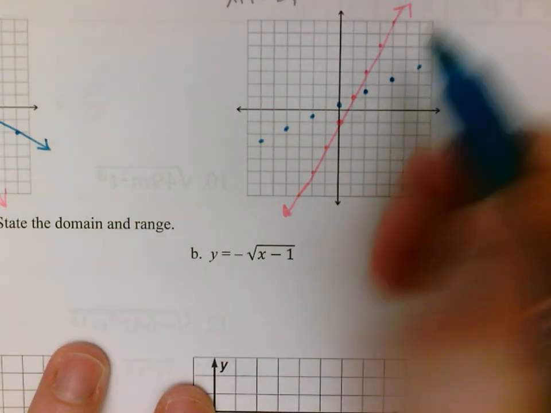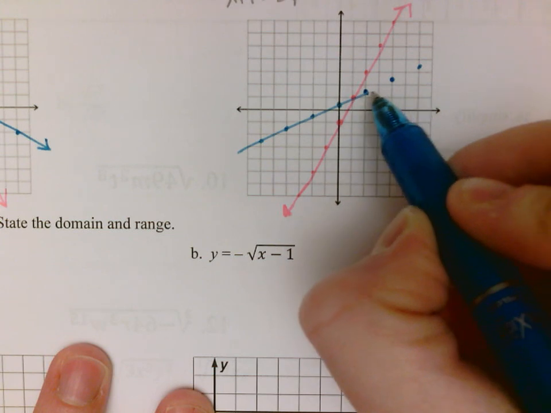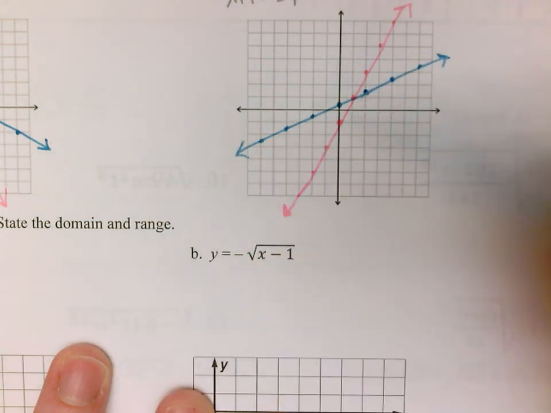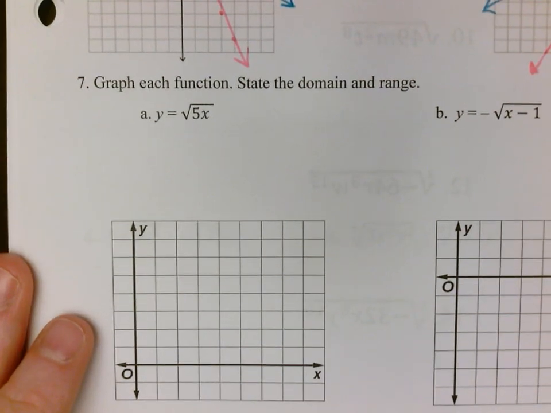Now it doesn't look like it's going to mirror correctly because my first line is very wobbly. So, there you go. Alright, so graph each function and state the domain and range.